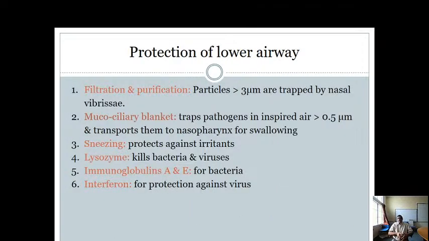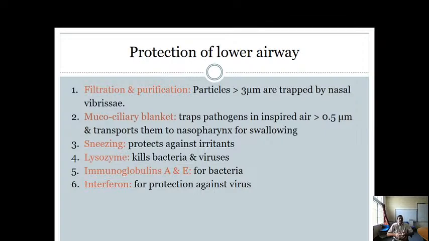Then we go into the important function again, which is called the protection of the lower airway. As we know, the air that we breathe in consists of various particulate matter, the bacteria, the virus, or the irritant fumes.